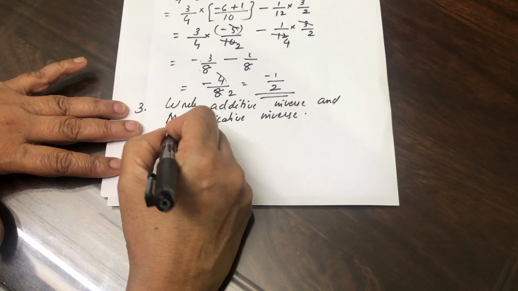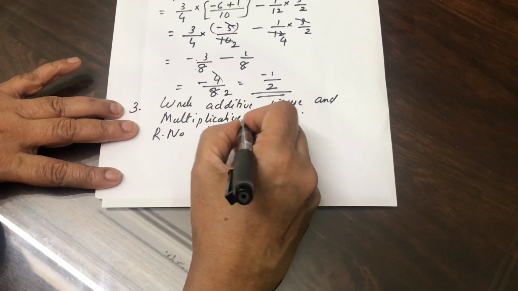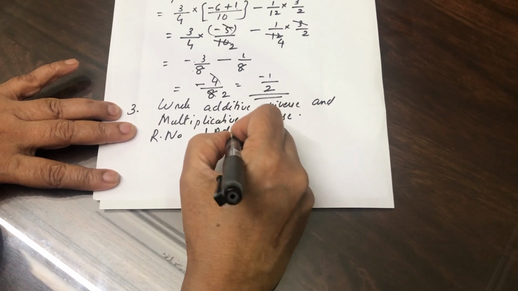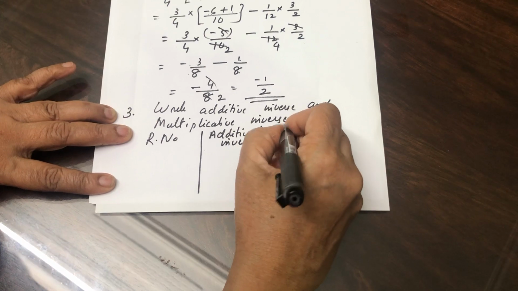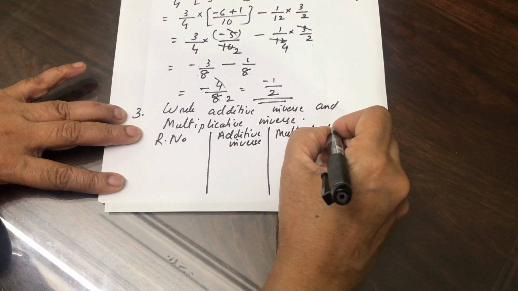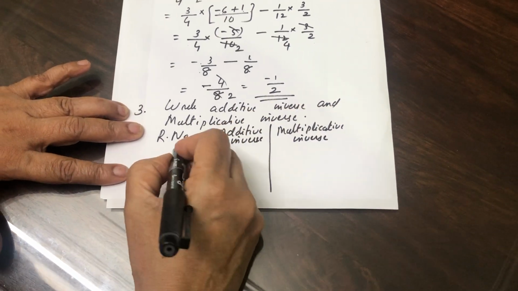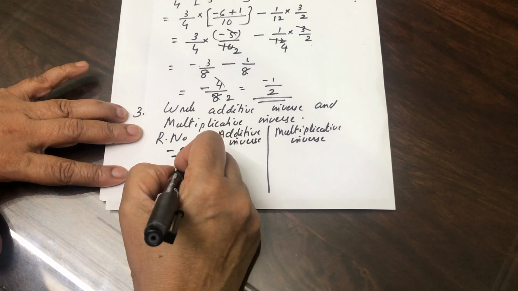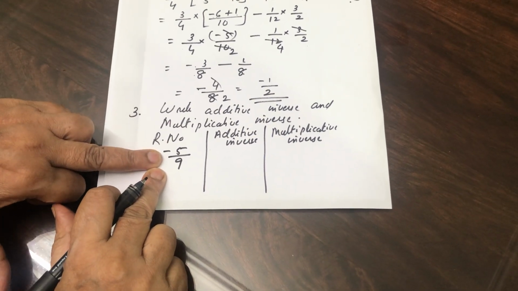So I am writing the rational number here. Its additive inverse. Third one, multiplicative inverse. Rational number minus 5 by 9. So which number you have to add to it to get the answer 0?